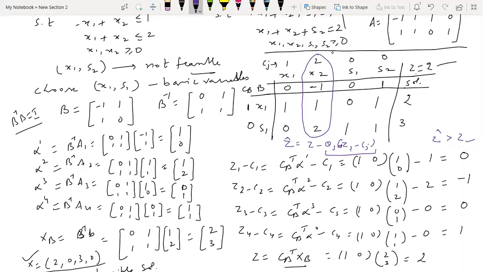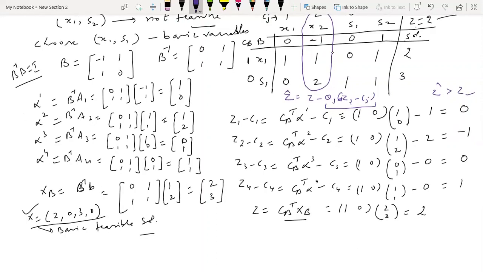Next question is, which variable has to leave the basis? For the leaving variable, I will be using the formula where I calculate the component theta j, which is the minimum of xbi upon alpha ji, such that alpha ji is strictly positive.